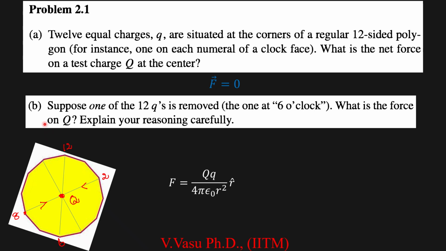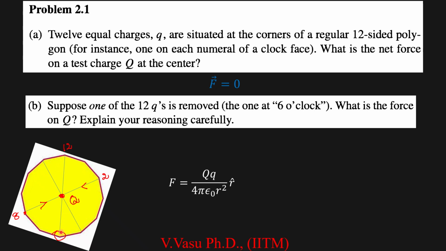Part B: suppose one of the 12 charges Q is removed, say the one at 6 o'clock. What is the force on Q? Explain the reasoning. So now I am removing the charge here. All five remaining pairs cancel each other's force.